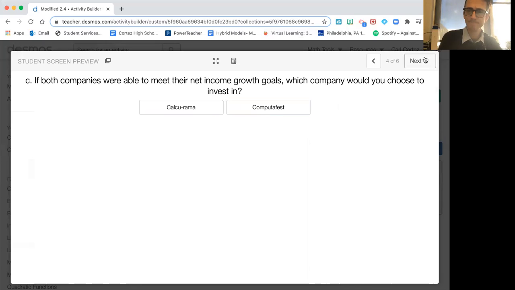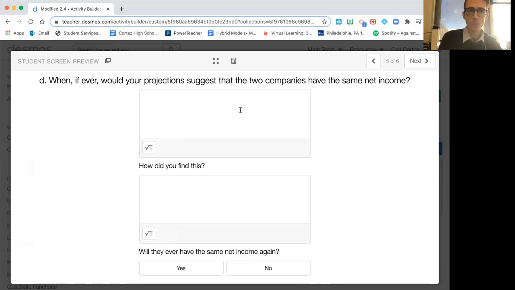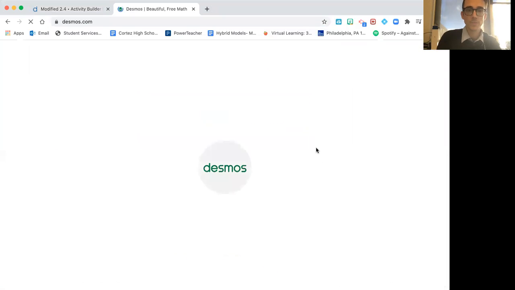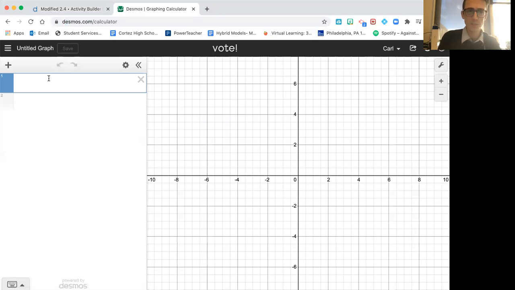When, if ever, would your projections suggest that the two companies have the same net income? Well, that's interesting because one's starting at 2 and the other's starting at 5. So I don't know. What do we think? Well, let's try to graph these out because we're allowed to, right? That's still legal.